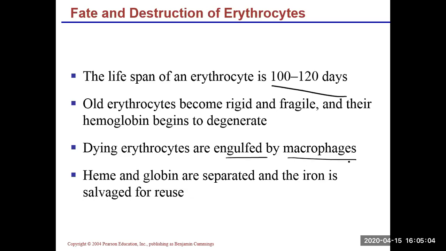Macrophages are one of those phagocytic cells, phagocytosis, cell eating. They can chop it down and ingest it. Some of these will get filtered in the spleen. The heme and the globin part gets separated, but iron can be salvaged for reuse.